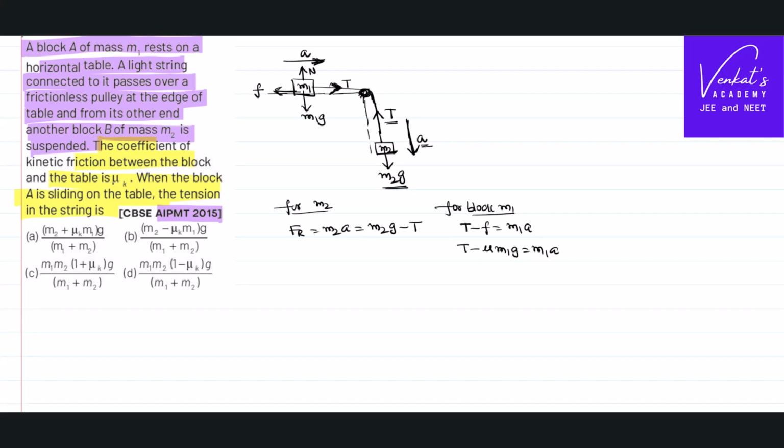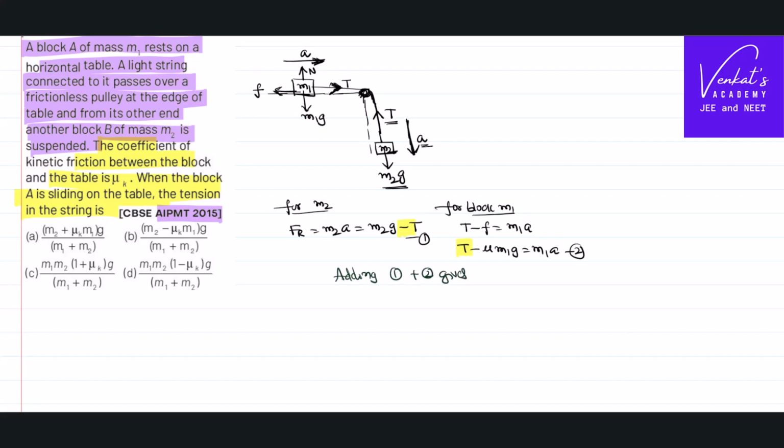These are the equations that I have calculated, right? From here, I need to calculate the tension. Calculating the tension directly is a bit difficult. First, let's calculate acceleration so that I can get the tension later. If you notice a little carefully, in one equation there is minus tension. In another equation there is plus tension. So the simplest way of solving this problem is to add both of them. Adding equation number 1 plus 2 cancels the tension so that I'll get an acceleration.